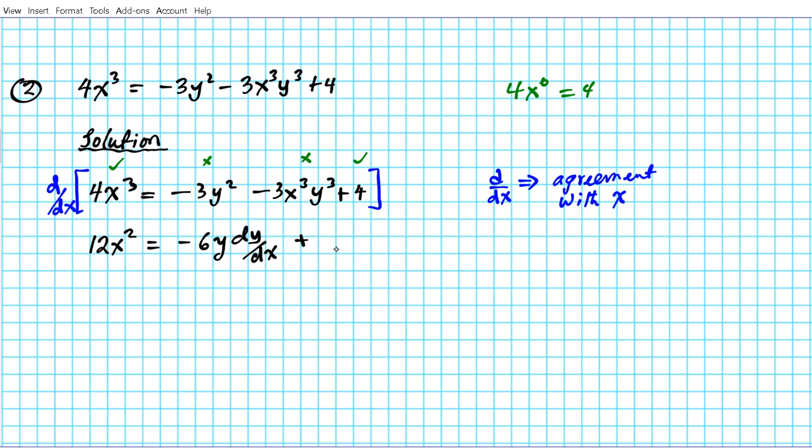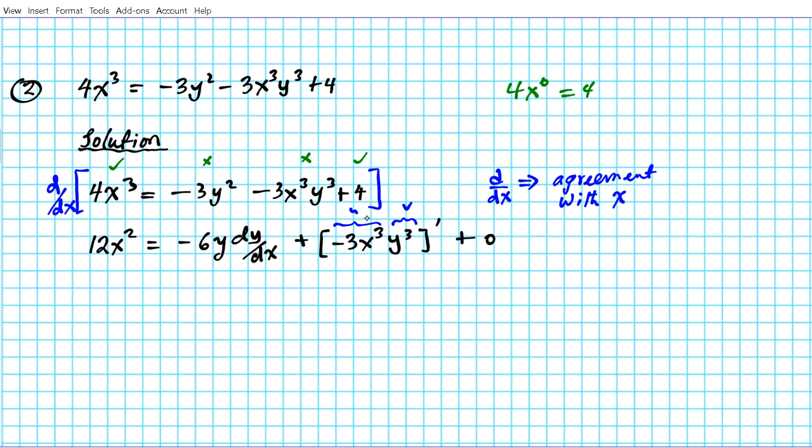So plus, we're going to be differentiating negative 3x to the third y to the third prime, all right? Plus the derivative of 4, which is 0. Okay, so I included this step so we can do this. This entire term here is a u, and this is a v.